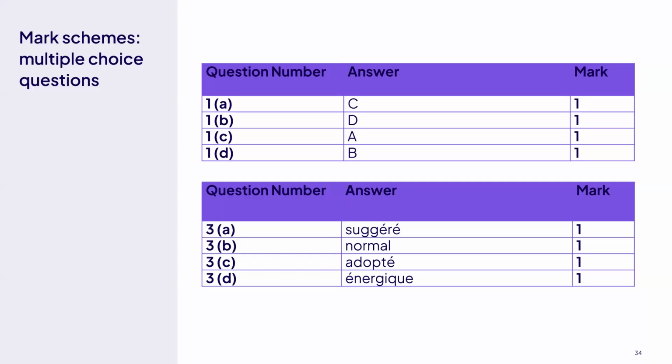Where we've got those gap fills and they have to fill in a word from the box, you can see in French that 3 of those options have got an accent on them. They would still get the mark if they copy the word without the accent.